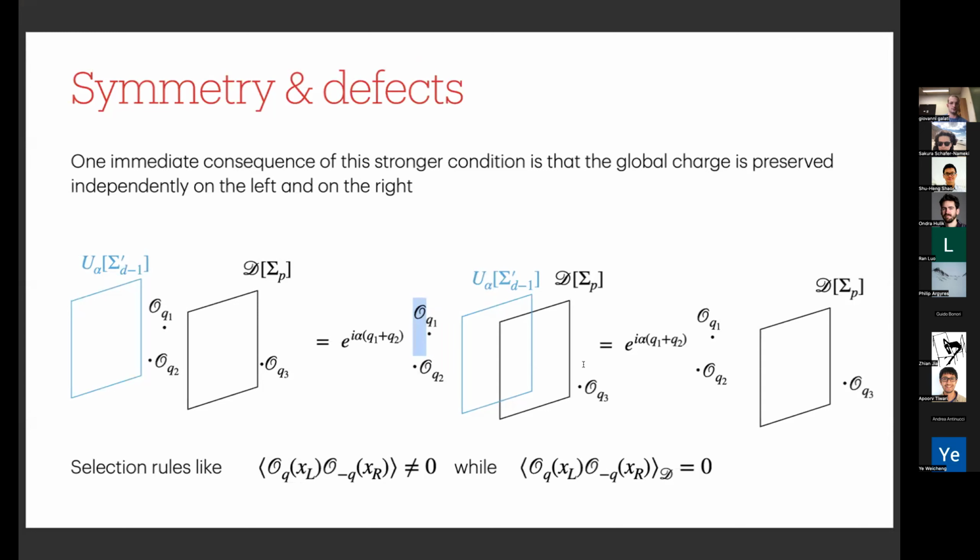So this depends on whether the operator commutes or not with the defect. If it doesn't commute, it means that it has some discontinuity on the defect. But of course, you can do an OPE, and this will be a linear combination of all the defect operators.